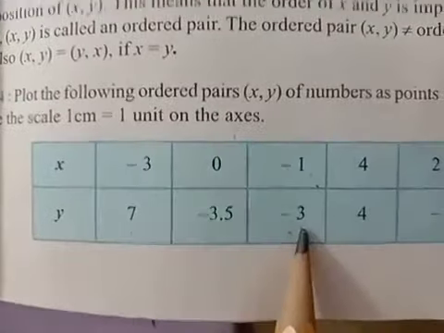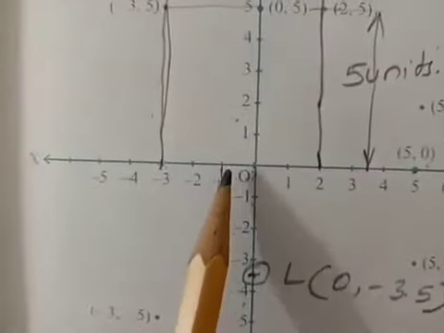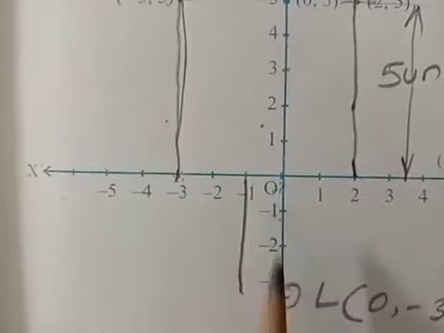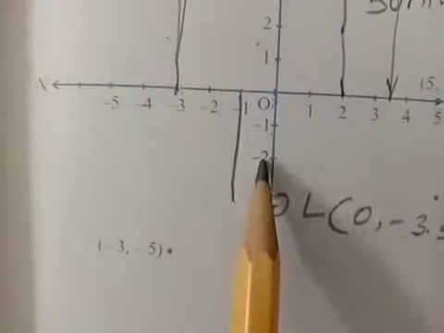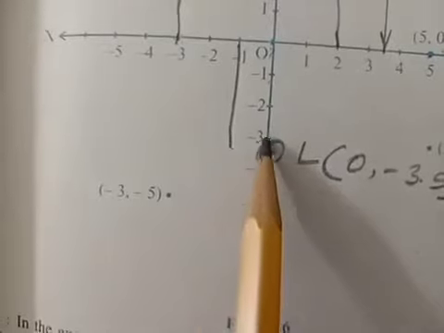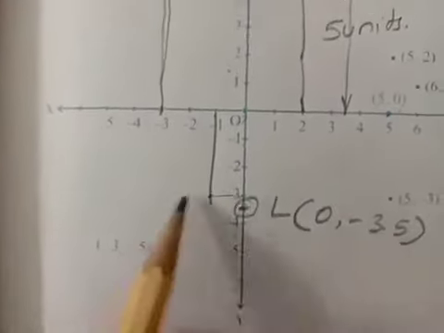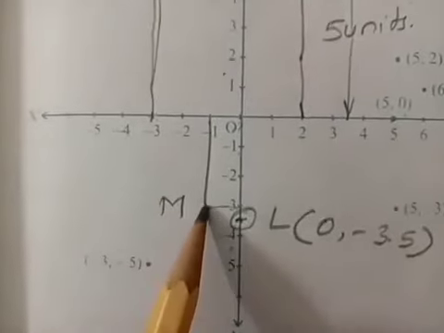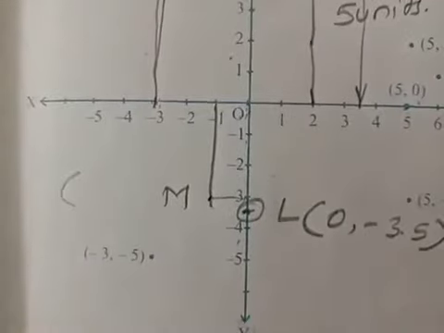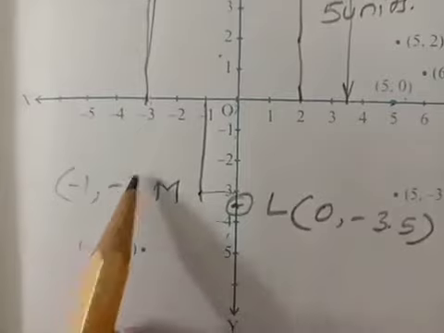And the y ordinate is minus 3, so from the x-axis measure minus 3 units, 1, 2, 3 units, and draw a horizontal line, and the point where they meet you call M. So this is that ordinate, minus 1, minus 3.